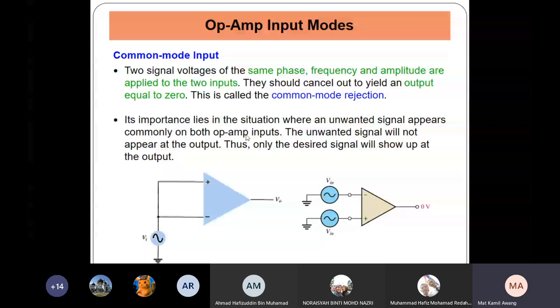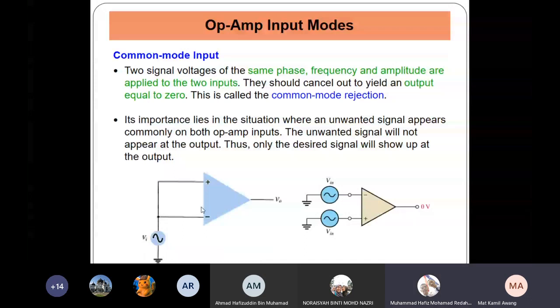If it is connected this way, you have one single input connected to both the plus terminal and the negative terminal. Therefore, the output will be 0 because the differential between them is really 0, right?